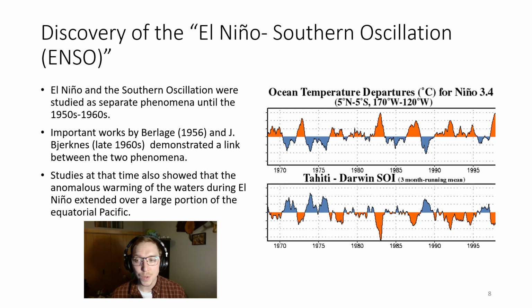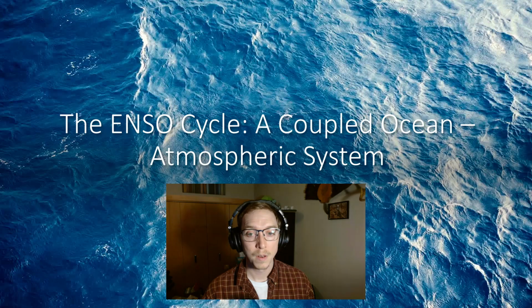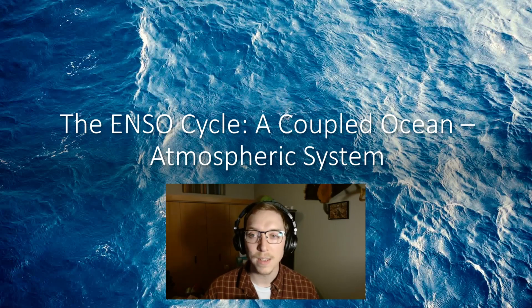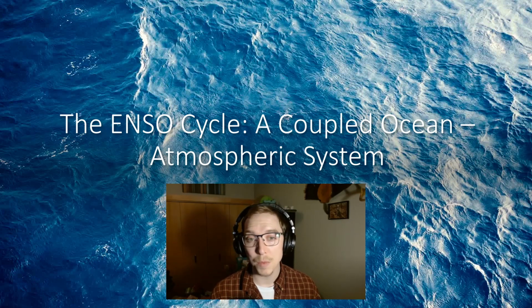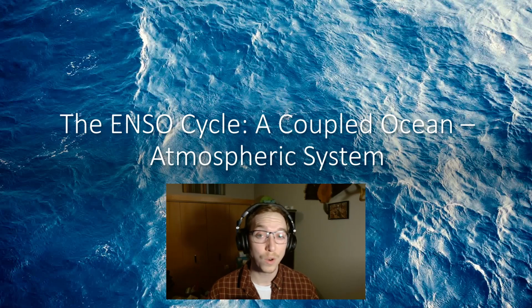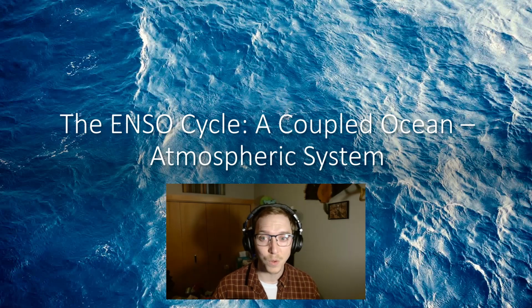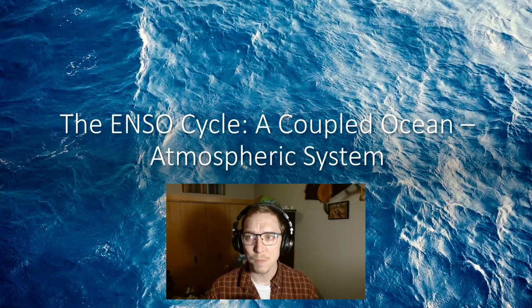Studies at the time also showed that anomalous warming of the waters during El Niño extended over a large portion of the equatorial Pacific. So looking at these as a coupled ocean-atmospheric system is crucial to understanding how they impact weather across our world. And some pretty wild things can happen when the El Niño is in its full swing. Same thing for the La Niña, but we'll dive into those here in just a bit.